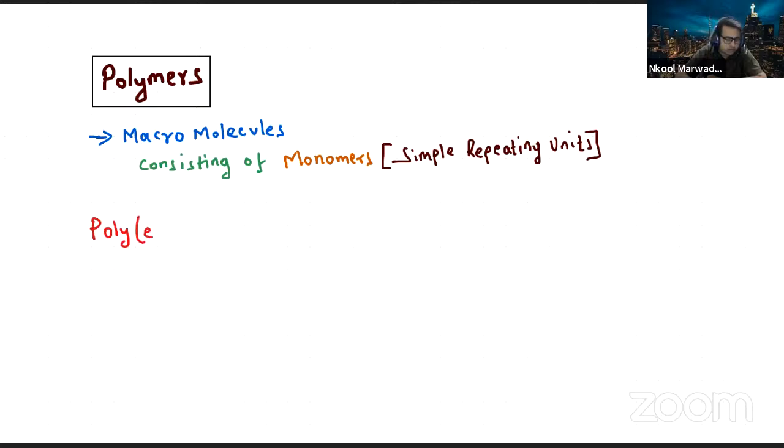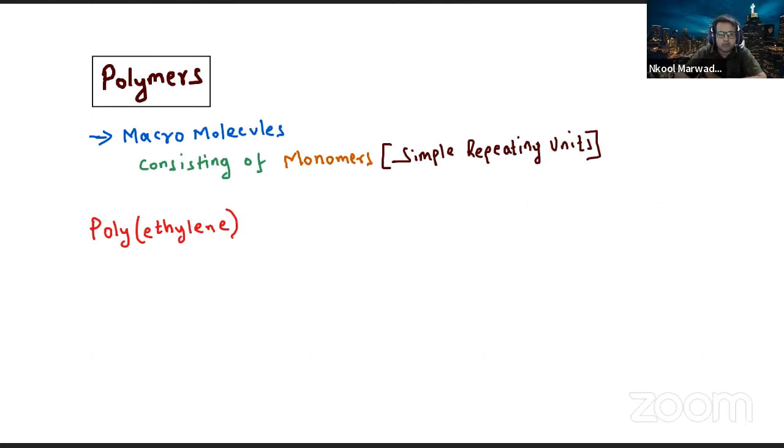It is basically a combination of monomers.